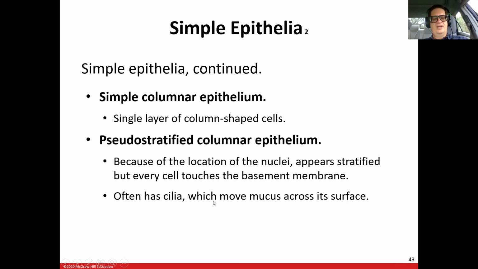It often has cilia. Cells that have cilia, we say are ciliated. So you could be ciliated columnar epithelium. That means you have little hairs, little cilia on the surface that help to move things around usually. Like the lining of your trachea. Air coming in, it might have dirt and other nastiness.